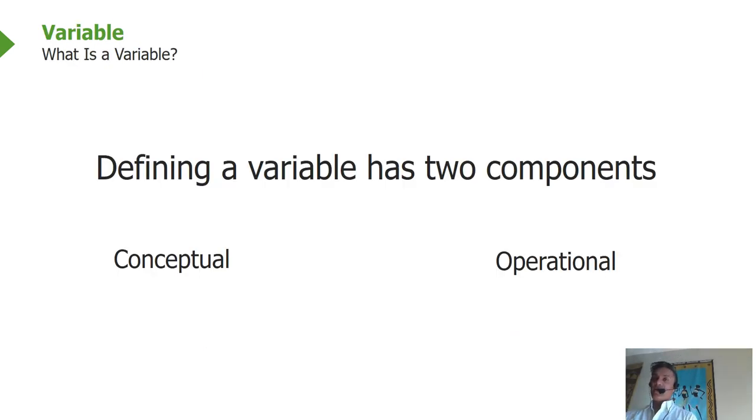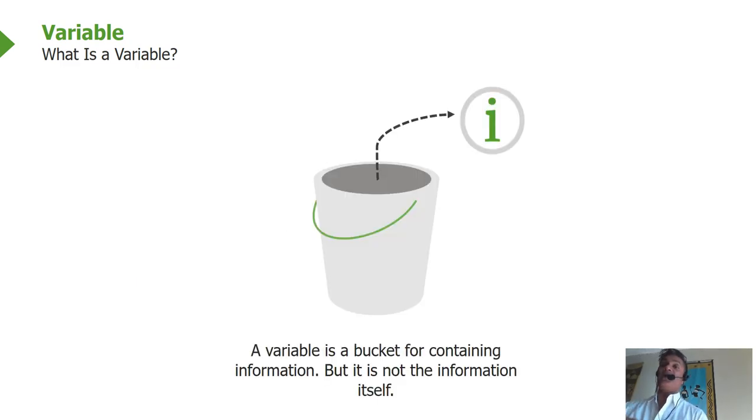When we create a variable, there are 2 components, the conceptual component, or phase, and the operational component, or phase. So think about a variable as a bucket, a container for holding information, but the variable is not the information. The example I used earlier of happiness, the information is happiness. I want to determine how happy you are, and to do so I create the variable called h, and h is a scale of 1 to 5, where I ask you, on a scale of 1 to 5, how happy are you right now?